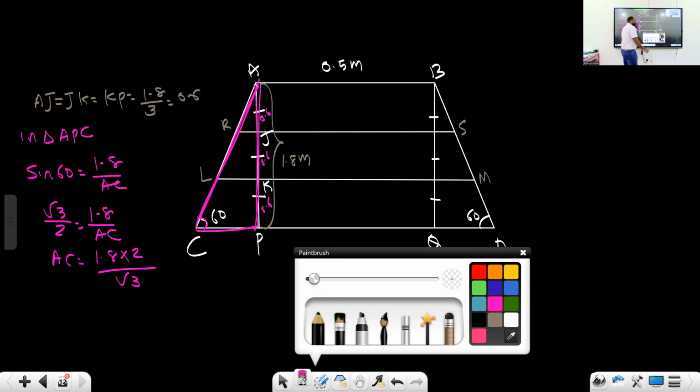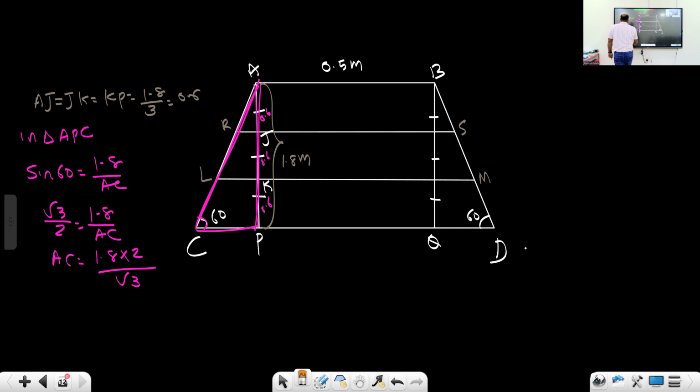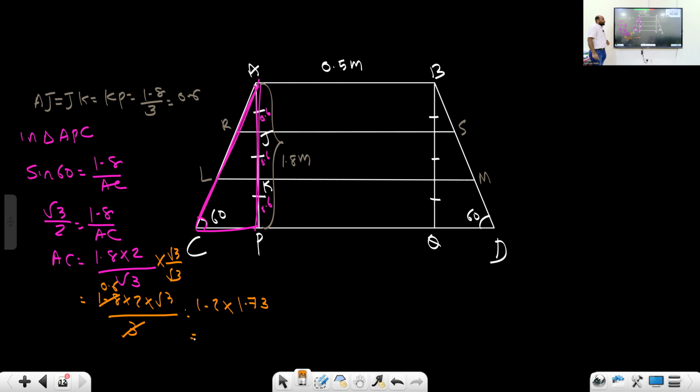We have to rationalize. Root 3 and root 3. So 1.8 into root 3 by 3. This and this cancelled. How much is 1.8 by 3? 0.6. 0.6 into 2, 1.2 into root 3. What is the root 3 value? Read the question. 1.73. You should use this one. Multiply 1.2 into 1.73. Why 1.2? 0.6 into 2.